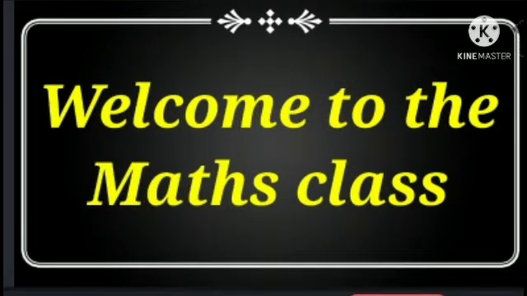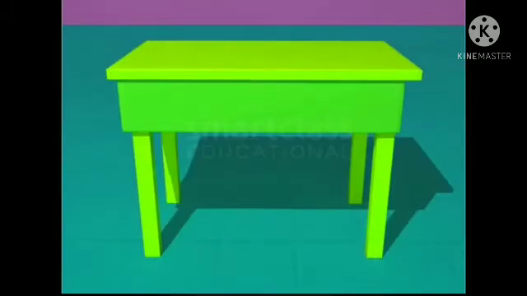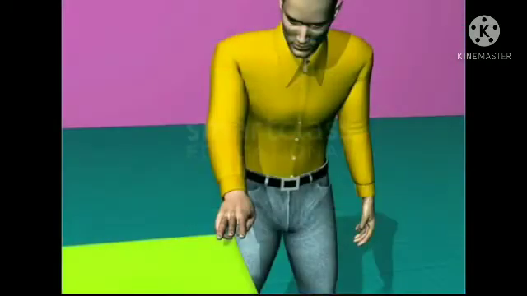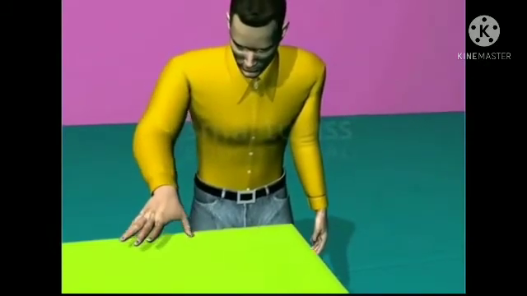Children, today we will learn about measuring length and distance using standard units. Here is a table. Ravi tries to measure its length using his handspan.